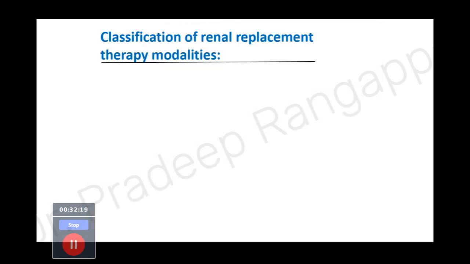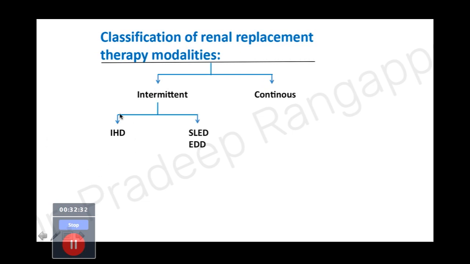For all the trainees, I think this is a very important slide. What are the different modalities of renal replacement therapy? You have two major categories. One is continuous, one is intermittent. In intermittent, you have intermittent hemodialysis. Any chronic kidney disease patient that is coming to your hospital for dialysis will be undergoing intermittent hemodialysis.